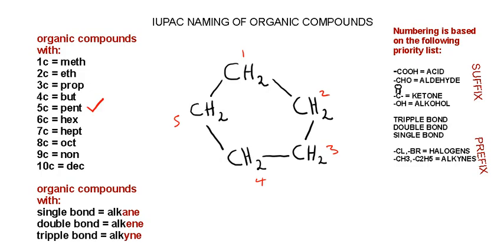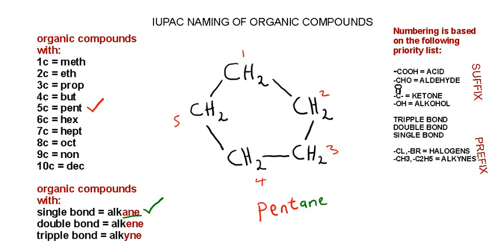So we write the parent or base name as pent. Then we check for the bond. The bond here belongs to the organic compound called alkane because it is a single bond. Then we take the ANE from alkane and join it to this pent. It becomes pentane.